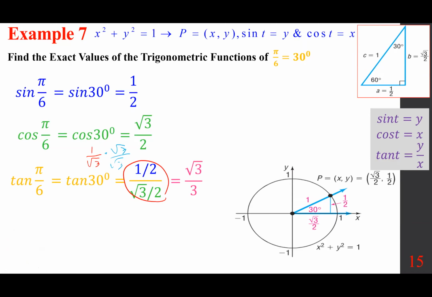Because as you may recall, sine is the opposite over the hypotenuse, and cosine is the adjacent over the hypotenuse. And if you go with that, also it will help you see the answer.